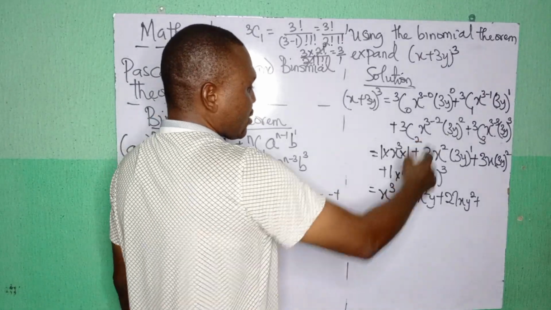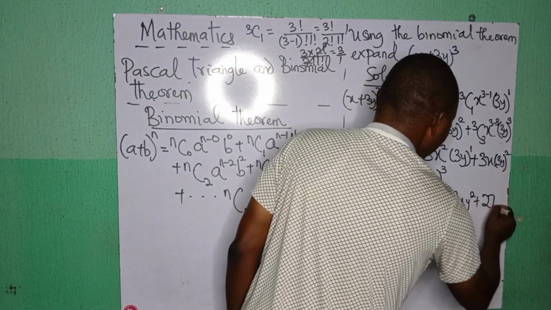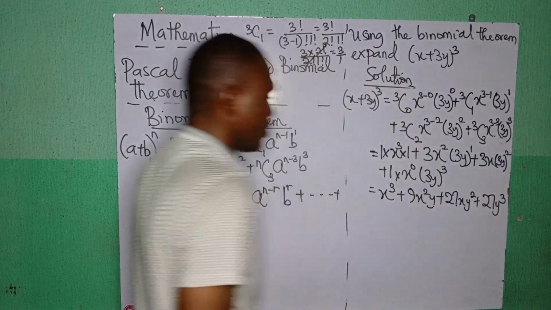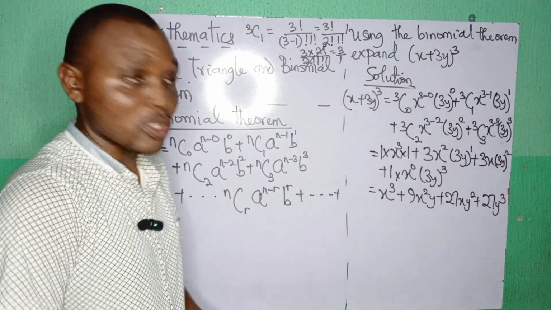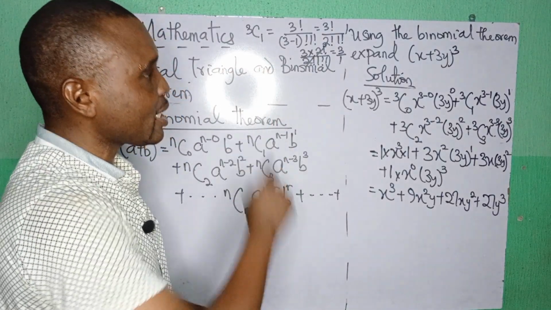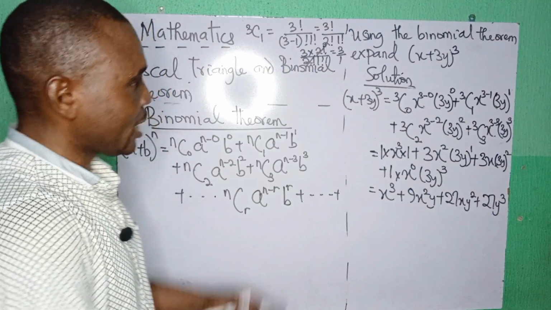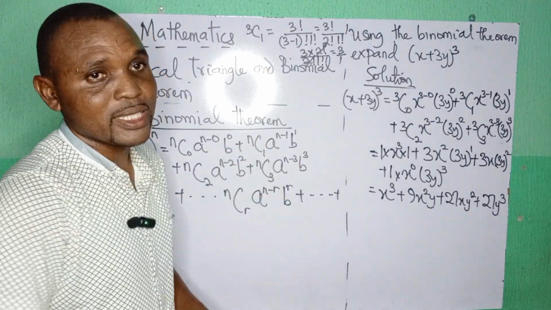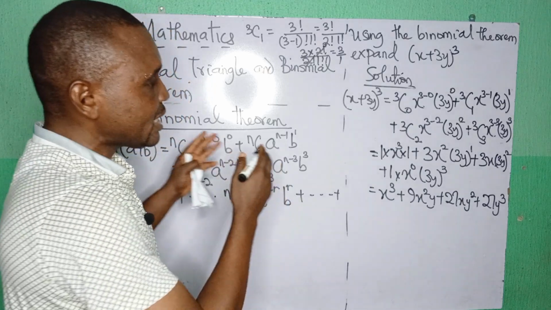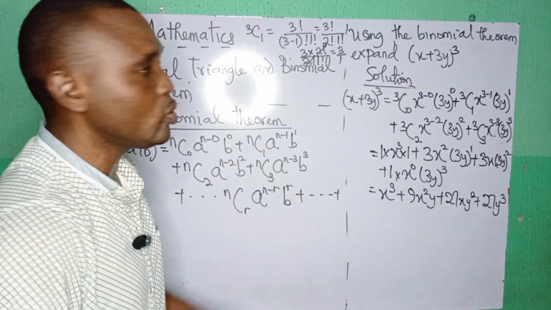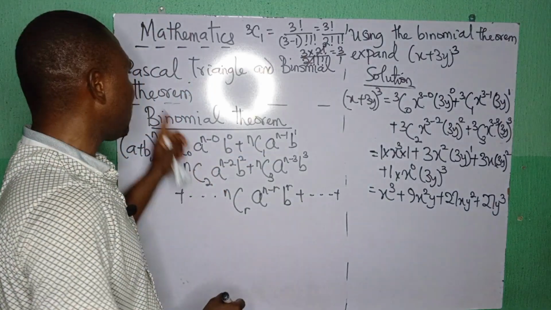Then 3y raised to the power 3 will give us 27y cubed. So it is similar to the first one that we solved using the Pascal triangle. You can still try questions like this in your own spare time, then you are going to arrive at the same answer. So you can either use the Pascal triangle or you use the binomial theorem.